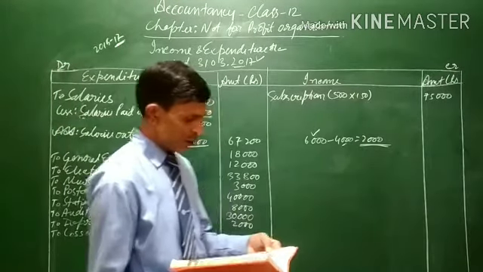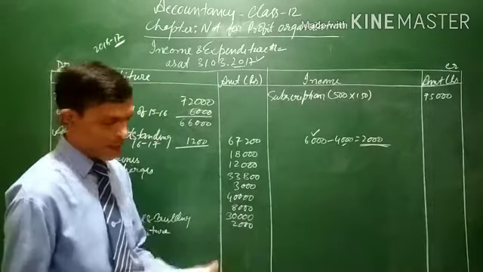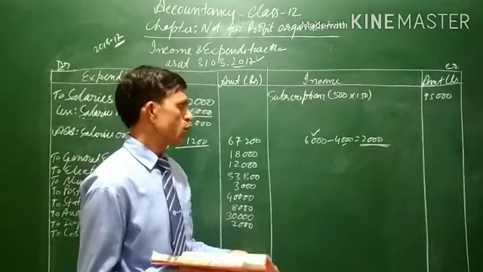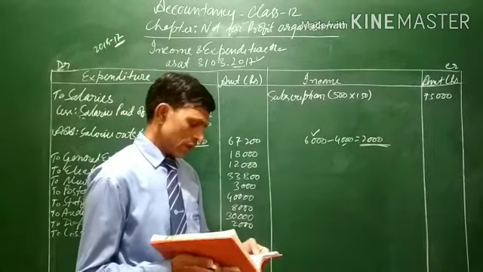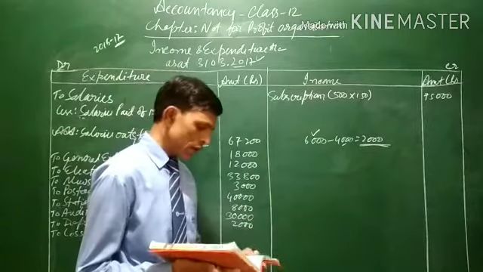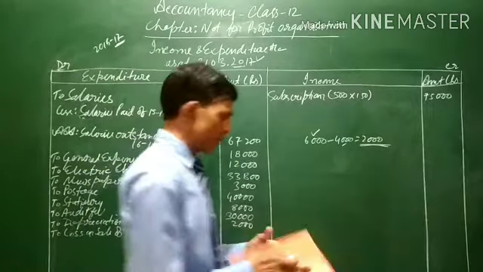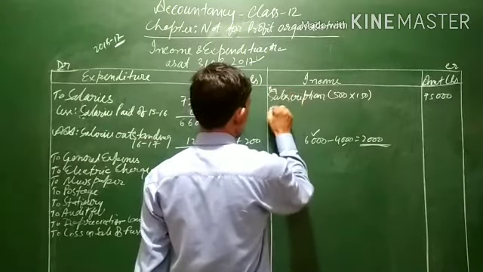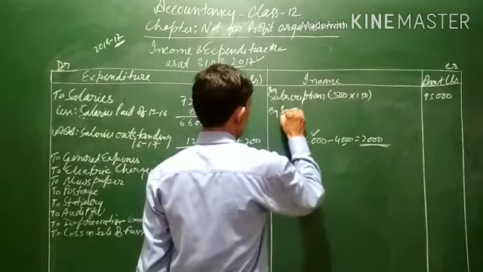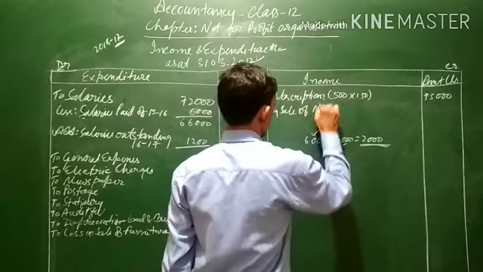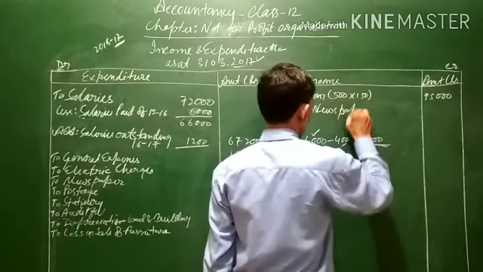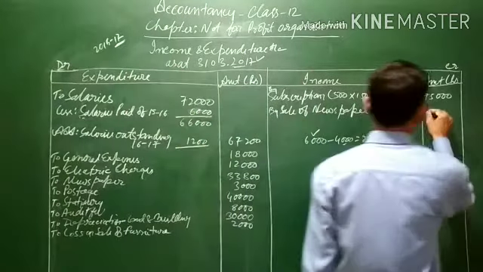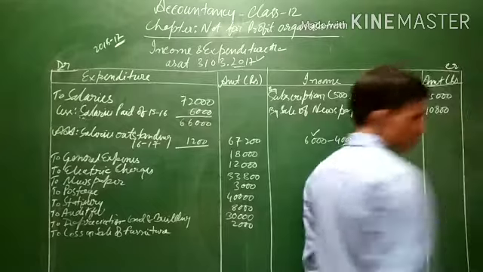Next is subscription. We have already recorded it. Whatever is mentioned in the receipt and payment side will form part of the income. Next is sale of old newspaper. It is also an income. By sale of newspaper, the amount is 10,800.